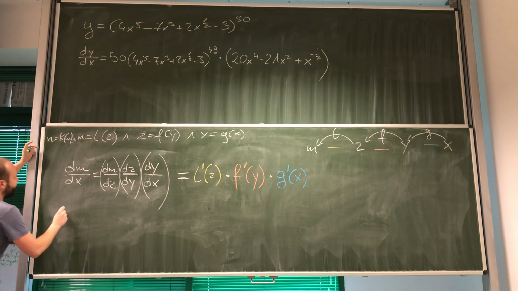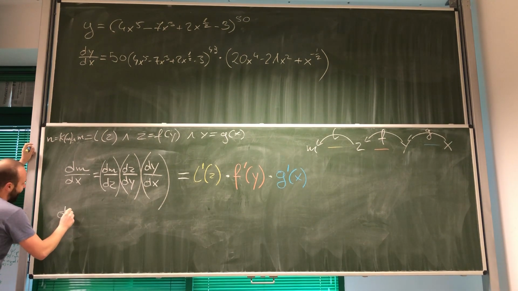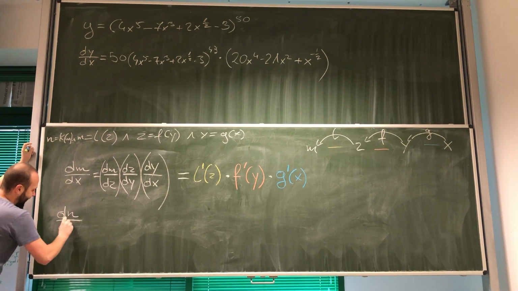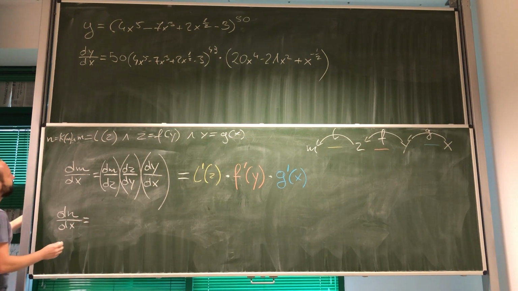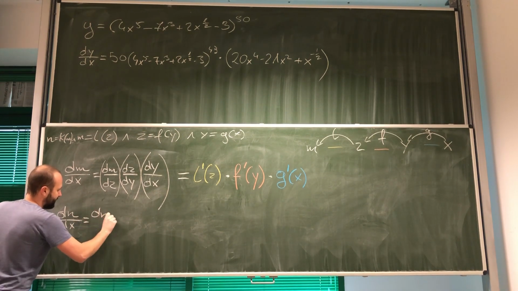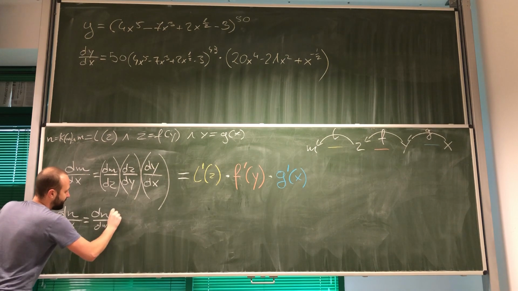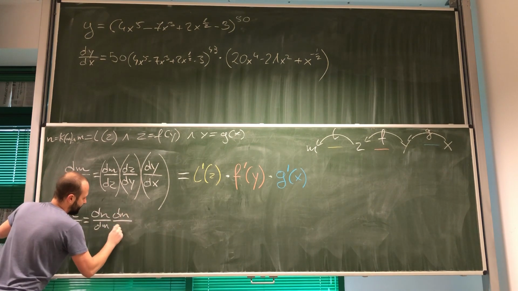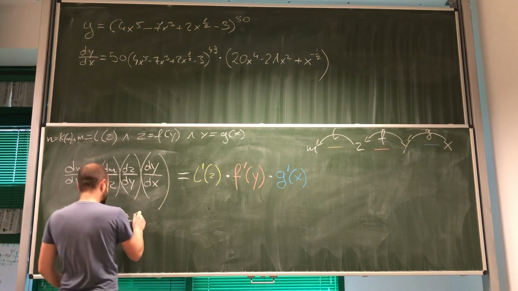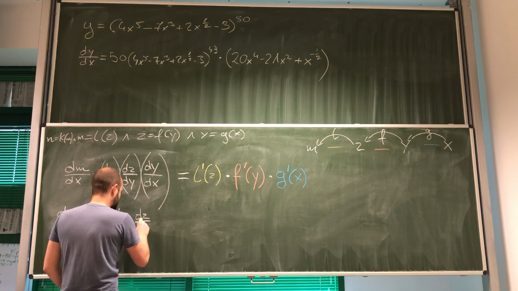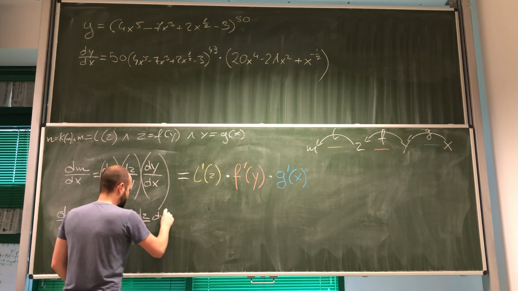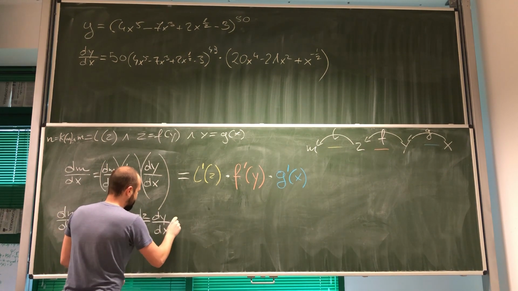The derivative dn dx would be equal to dn dm times dm dz times dz dy times dy dx.